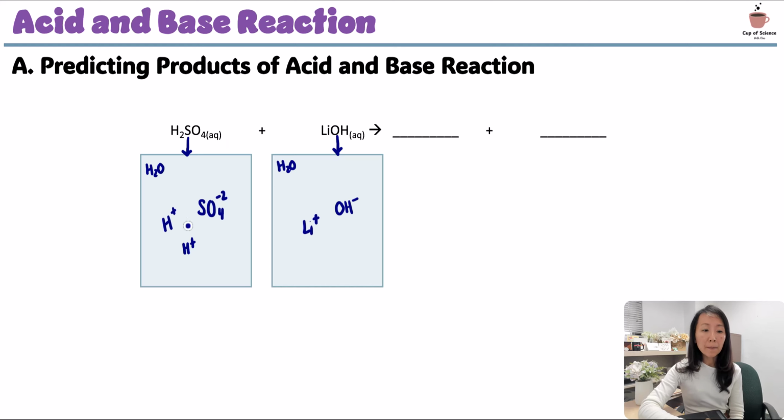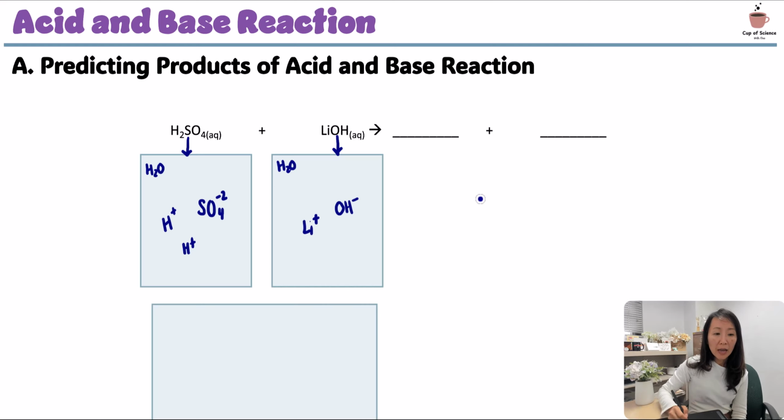Well, we're going to combine these two. So we have another container where these liquids are going to flow in together. You could have just poured it in like this, but let's say it were to come together. H pluses are coming in from this side, and so is sulfate, and lithium is coming on this side, and so is hydroxide.